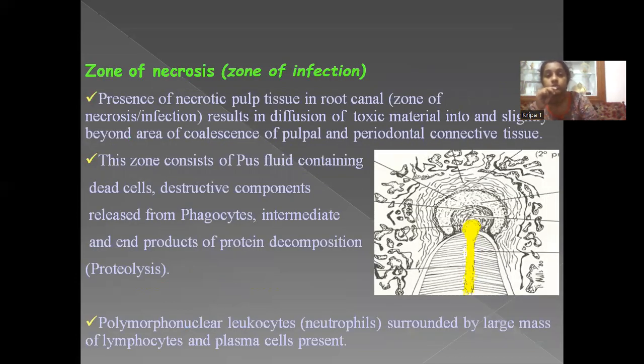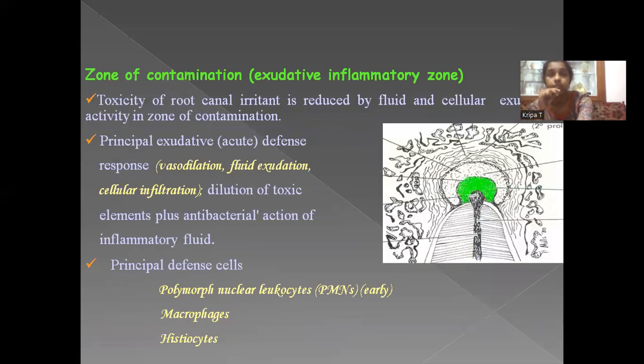Zone of necrosis, or zone of infection, is the yellow one, marked by the presence of necrotic pulp tissue in the root canal, resulting in the diffusion of toxic material beyond the pulpal space. This zone consists of pus with dead cells and destructive components released from the various phagocytes, PMNs surrounded by various other inflammatory cells.